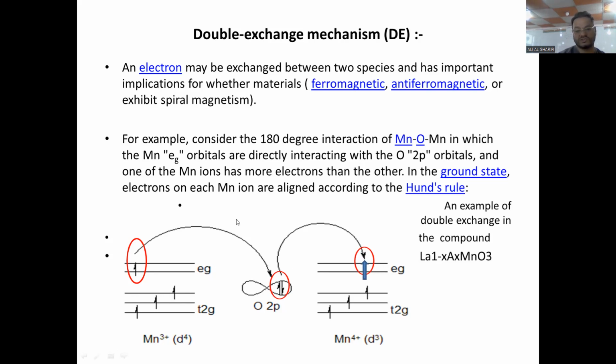This electron will jump like that from this side up to down, using this oxygen as another station on its trip, with the oxygen orbital, and one of the manganese ions has more electrons than the other.